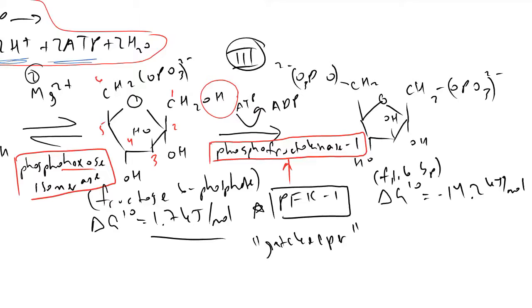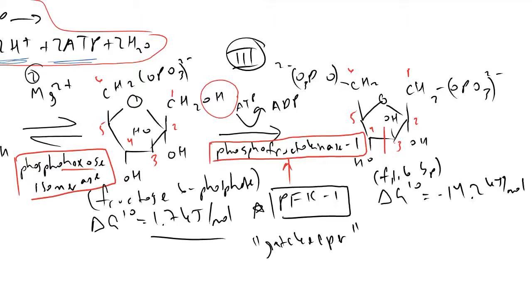This molecule will now have one of its bonds, between carbon 3 and carbon 4 of this glucose molecule, broken. Keeping track of our carbon numbers here: carbon 3, carbon 4, 5, 6, this bond will be broken between carbon 3 and carbon 4.